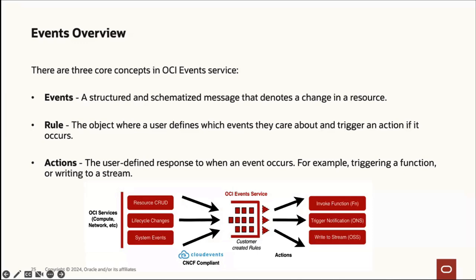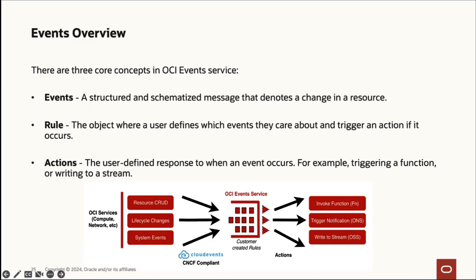Events are discrete, versioned, and stateless, and they typically require a near real-time programmatic response. An event is emitted anytime a resource within a compartment is created, its attributes are modified, or its state is changed. Events are also emitted when a control plane needs to communicate an upcoming change.